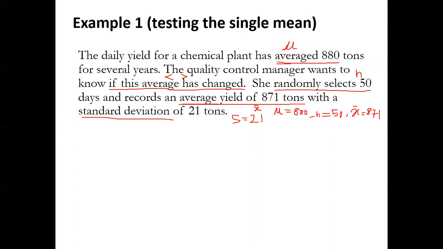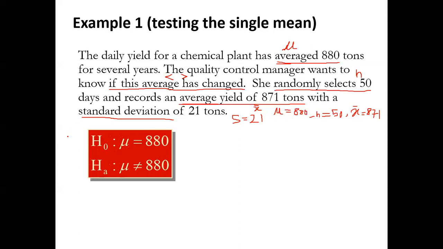So what is the first step? The first step is that we need to recognize and state the null hypothesis and the alternative hypothesis. The null hypothesis, H0, is mu equal to 880 tons.